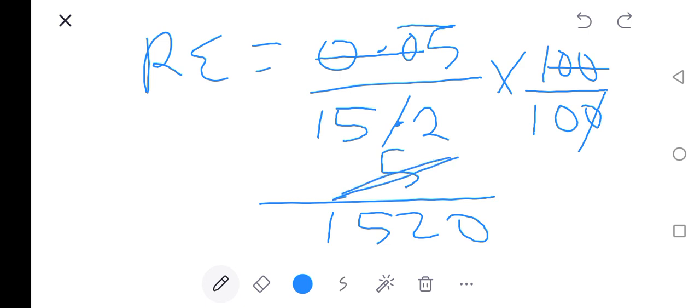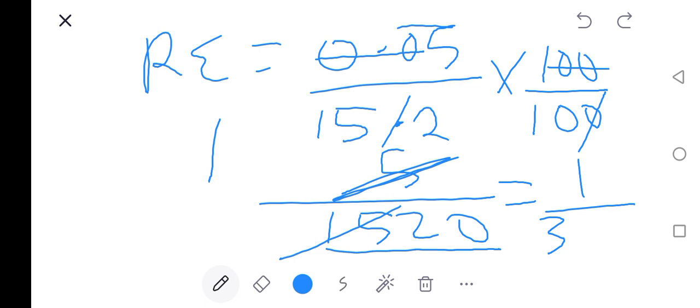5 into 5, 1. Or you can write it as 1 over 5 into 15, it is a 3. This number is in thousands. So 5 into 5, it's 1. If you say 5 into 24, this will become wrong, because this is 1520, and 5 can't enter 1520 34 times.